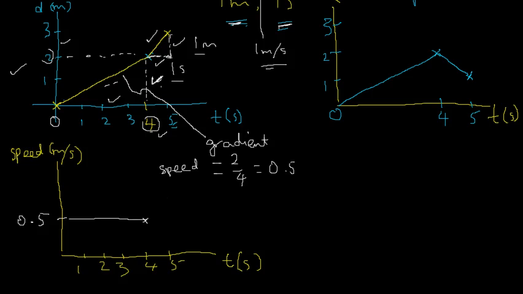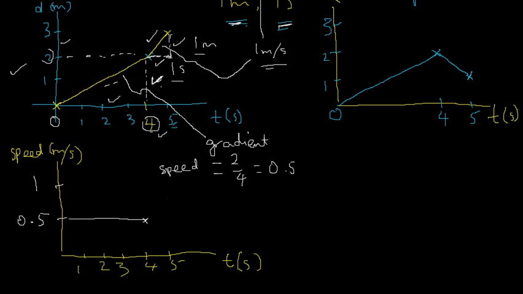And that gradient there gives us 1 meter per second. It's just the speed. So I can plot that too. And that's 1 on the axis.